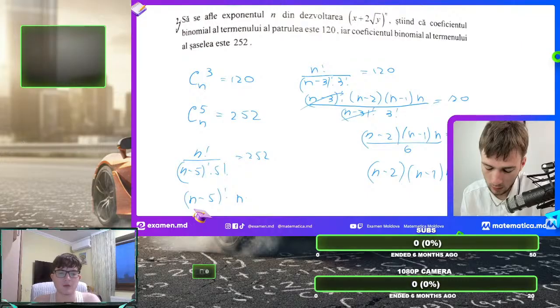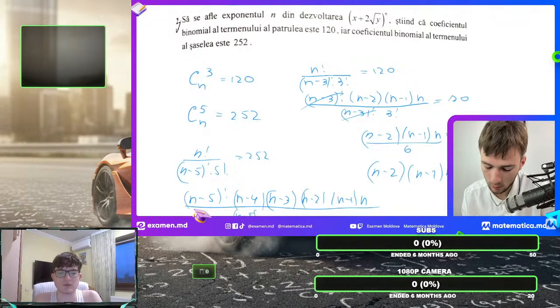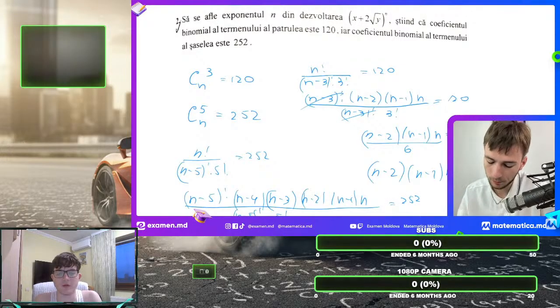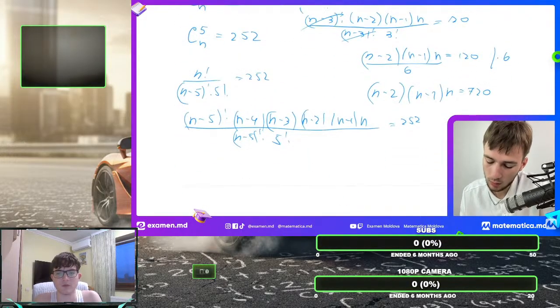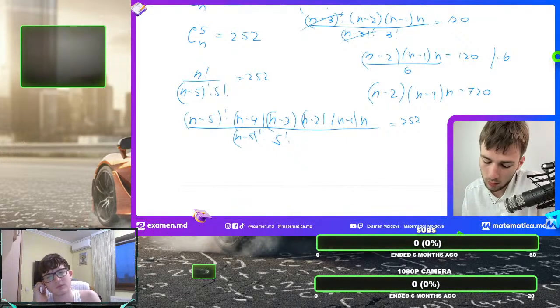I don't know exactly how much, but I think we can still simplify, as these exercises are usually made in a way that is easy to simplify. 720, what? Why 720?